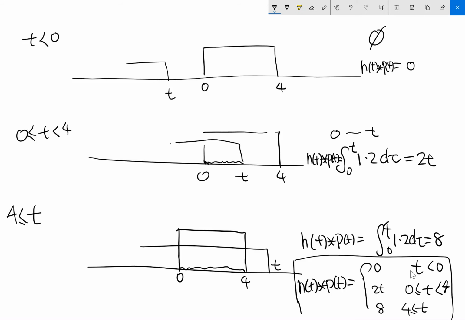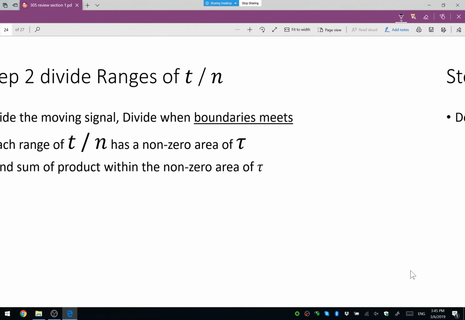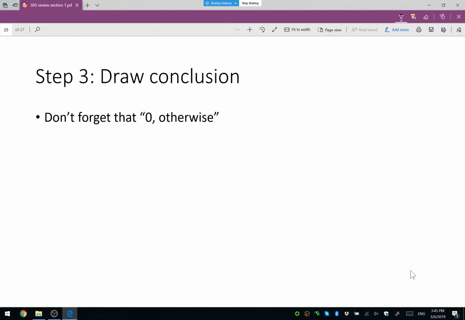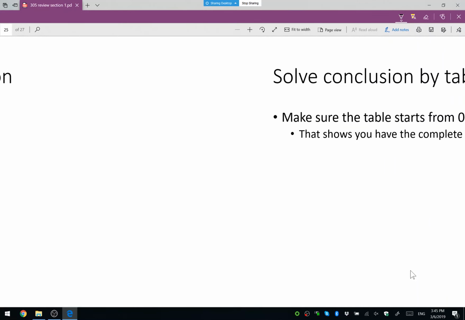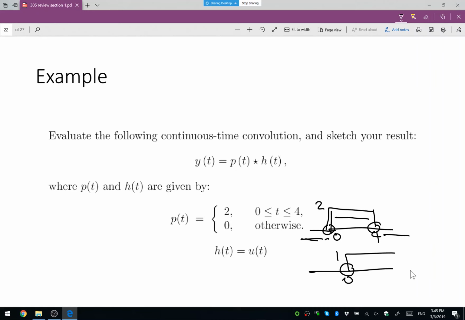Question? Okay. Sometimes you have 0 otherwise, but for that answer you already have the 0 area. Can you go back to the question? The last problem, the big one.